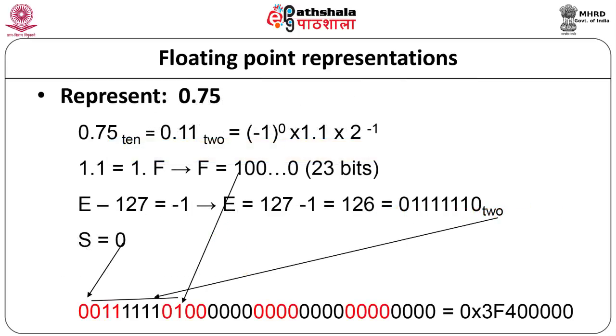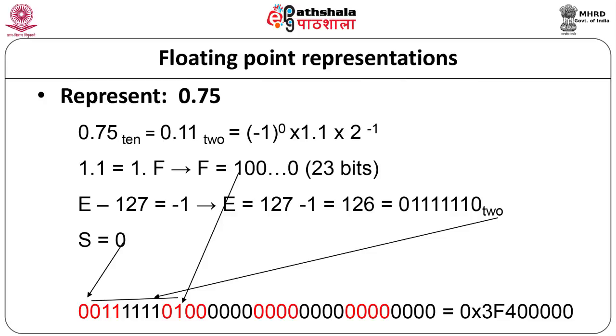Let us consider an example of floating point representation. Let n equal 0.75. It is represented as 0.11 in binary. In normalized form, it is represented as minus 1 raised to 0 multiplied by 1.1 times 2 raised to minus 1. In this, the significand has 1 point implied. The fraction in binary is 100... up to 23 bits.